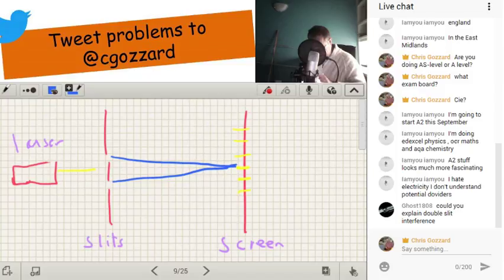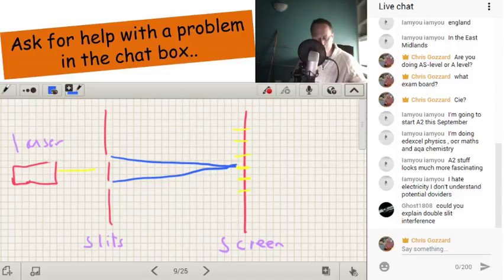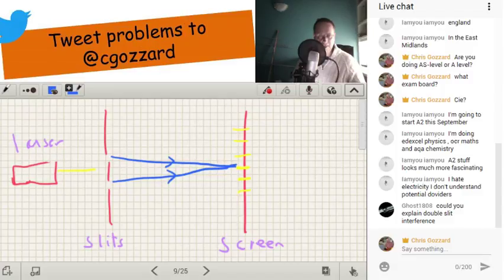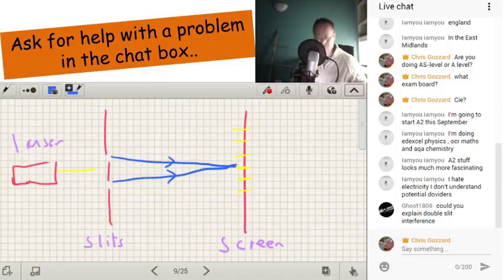So the phase of the two waves as they come in here, they match up, and then you get a bright fringe. It's the same for the next one here.